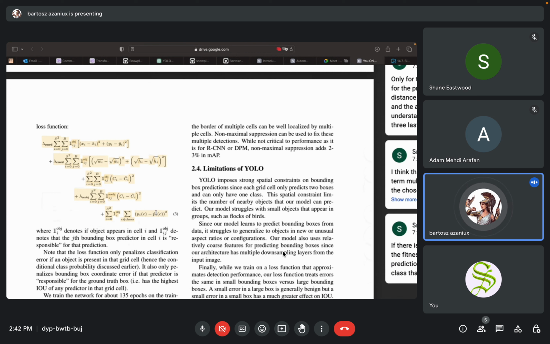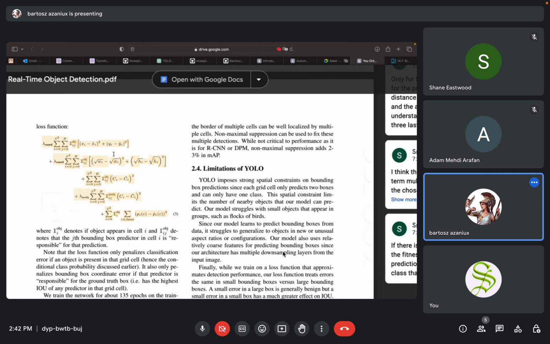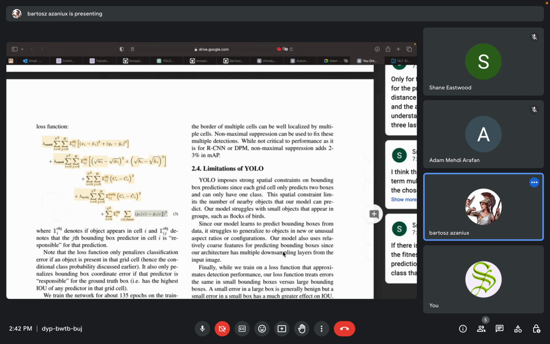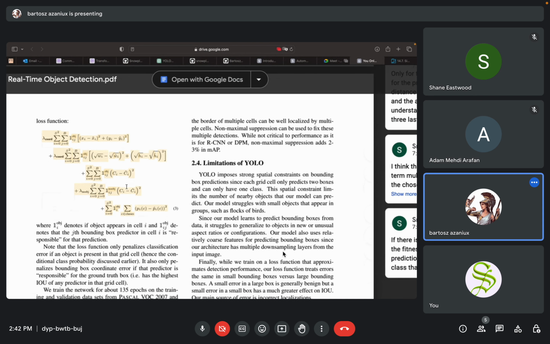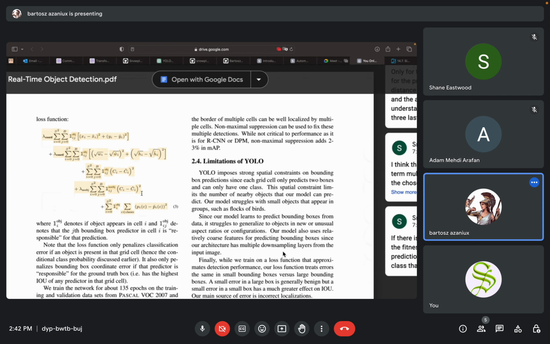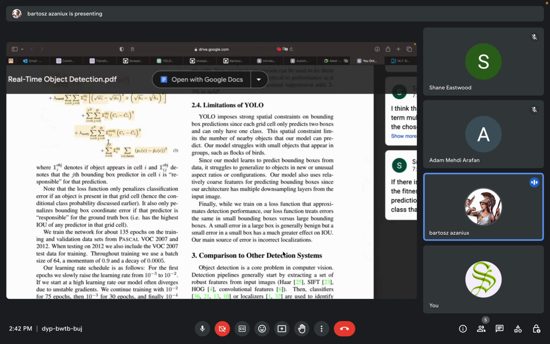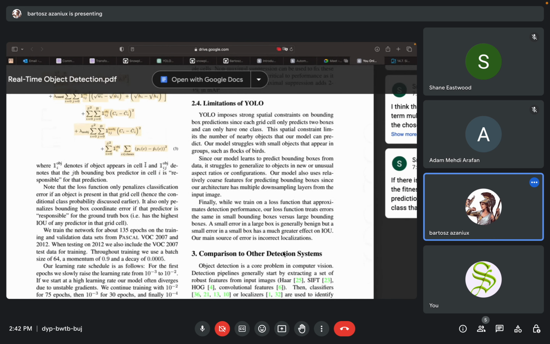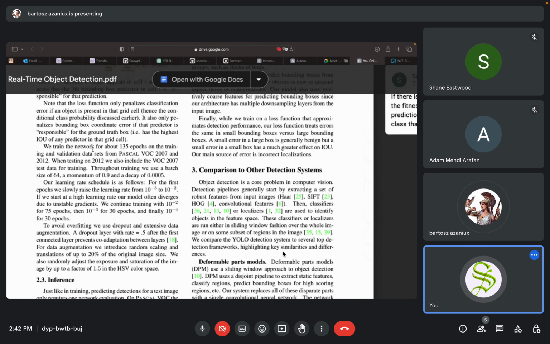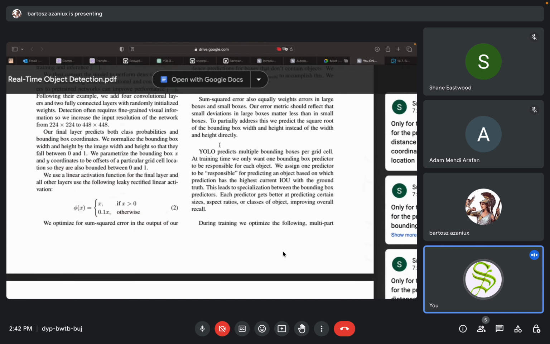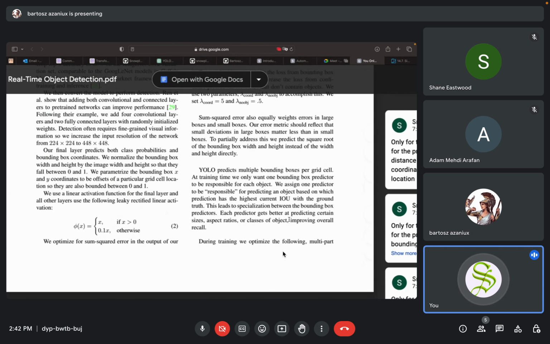Okay, I believe this is because the C1 is for classes, correct? I think so. I can't remember off the top of my head, but if you scroll up, it defines what C is.